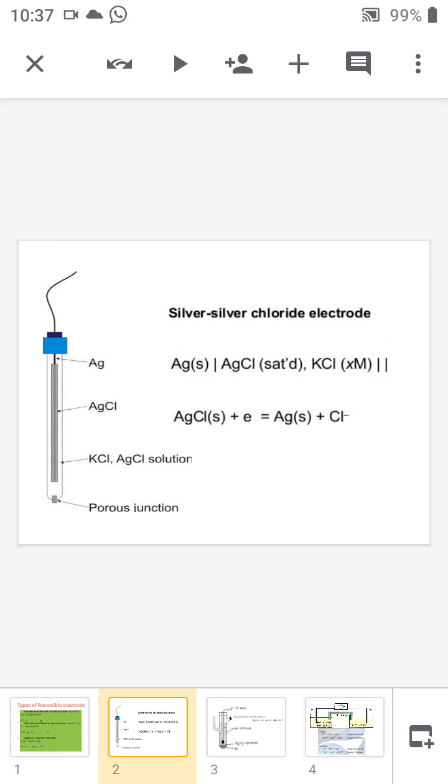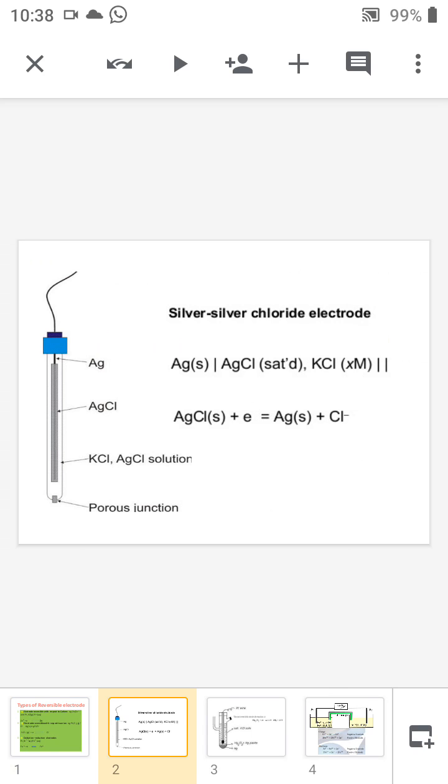That means if you know the amount of charge transferred for converting Ag+ to Ag, then we can calculate how much energy is released during the conversion of the Cl-. From that we can calculate the measurement of the Cl- ion.